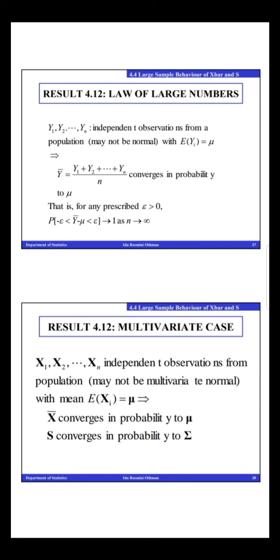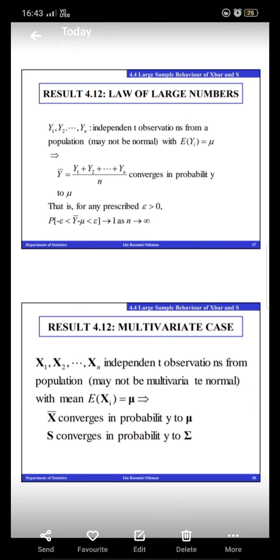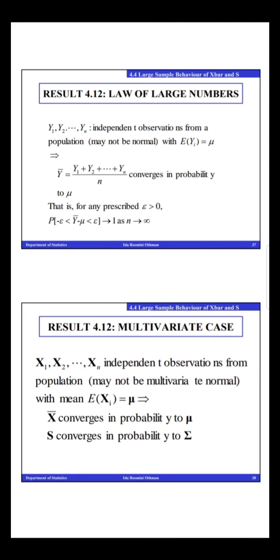Maksudnya n adalah large number, so Y bar can be approximated kepada normal distribution walaupun y1, y2 may not be a normal distribution.